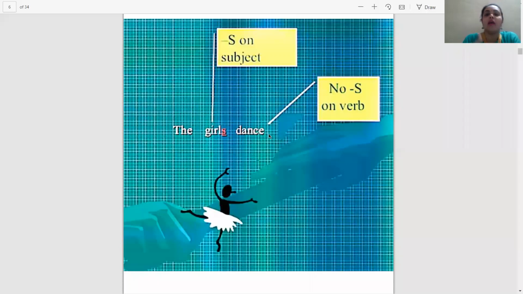And that is why when the verbs are without s or es, they are termed as plural verbs. And when the verbs are with s or es, they are termed as singular verbs. Reverse to the subject. If the subject is added with s or es, they become more. If we remove s or es from the subject, from the nouns, they become less. Clear? Let's move ahead.